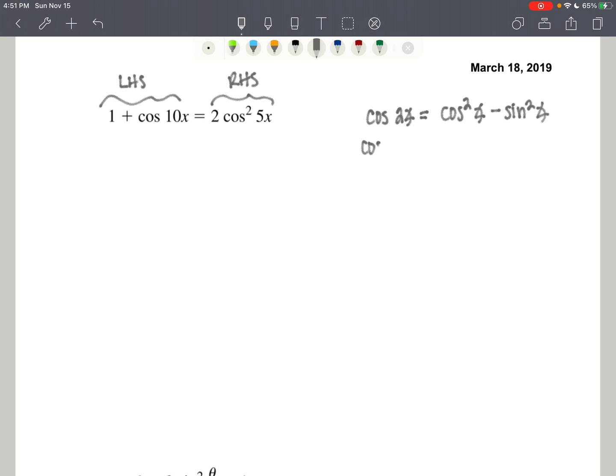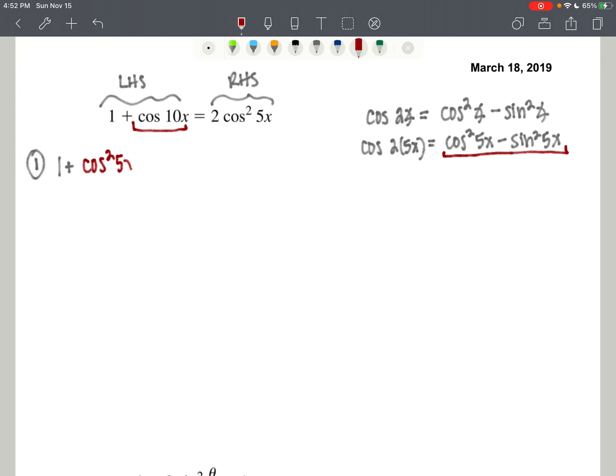So if I say cosine of 2 times 5x is equal to cosine squared of 5x minus sine squared of 5x, I would be successful in getting the same angle that I have on the right-hand side of the equation. So that's what I'm going to start with. I'm going to start with replacing cosine of 10x with cosine squared of 5x minus sine squared of 5x.